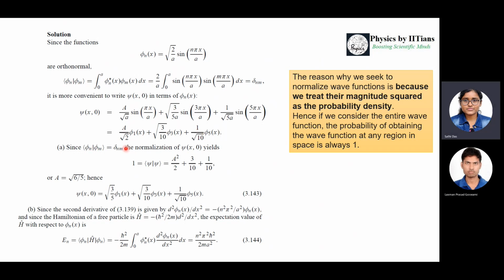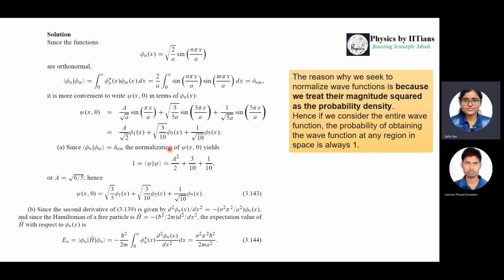Since the inner product is 1 when n equals m, we can apply this normalization condition: phi_1 with phi_1, phi_3 with phi_3, phi_5 with phi_5. All of it gives A squared by 2 plus 3 by 10 plus 1 by 10.